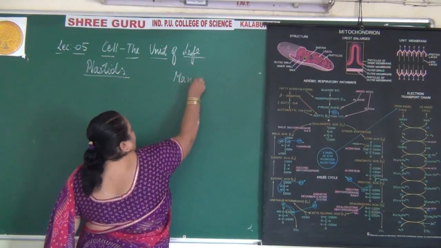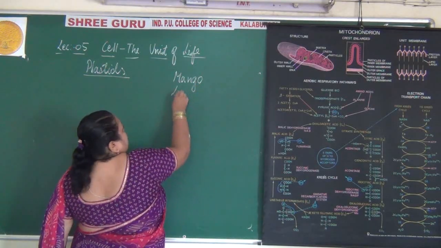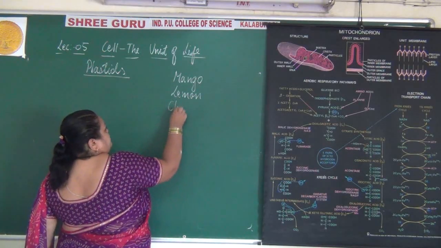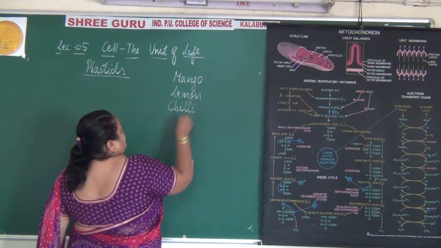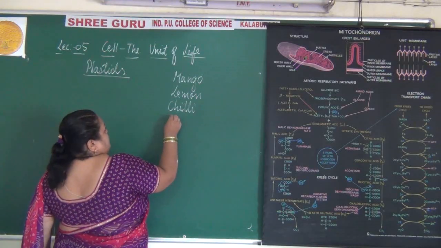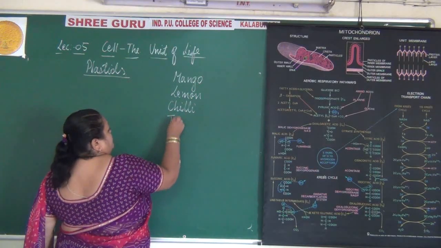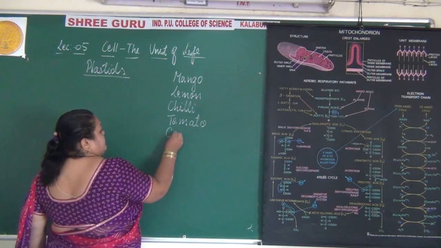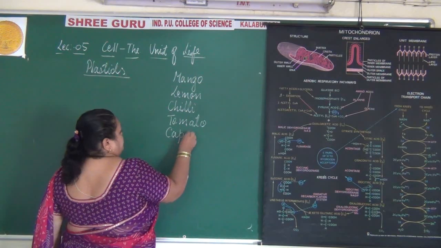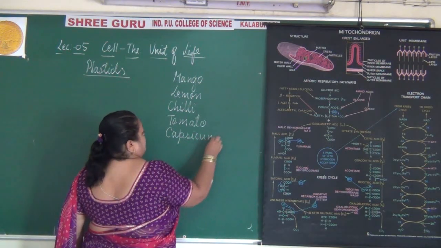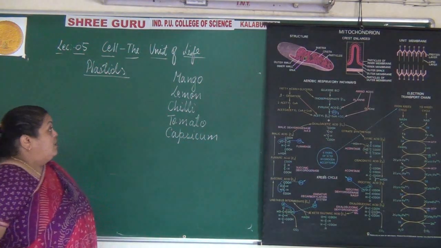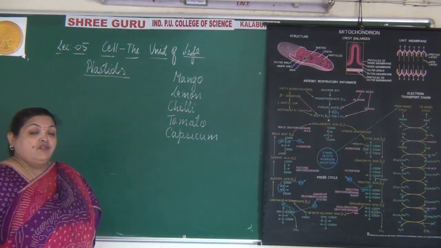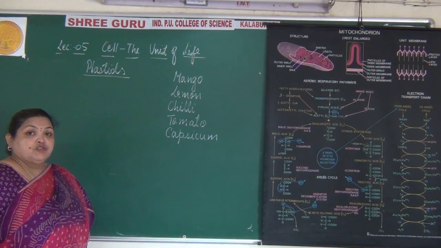Mango, lemon, chili, tomato, capsicum: fruits. There are different varieties of fruits.